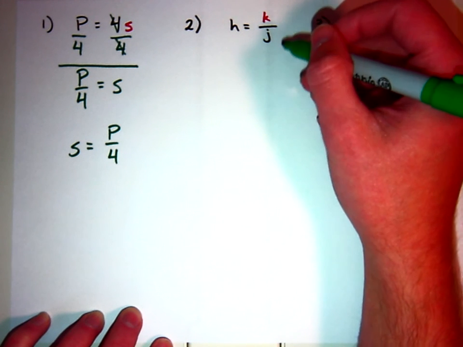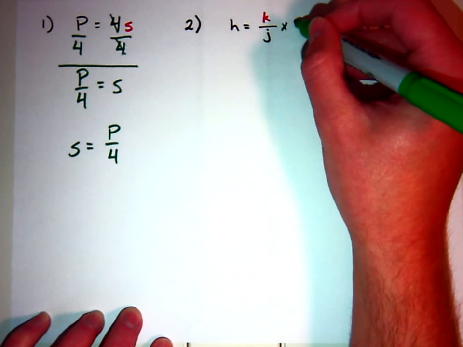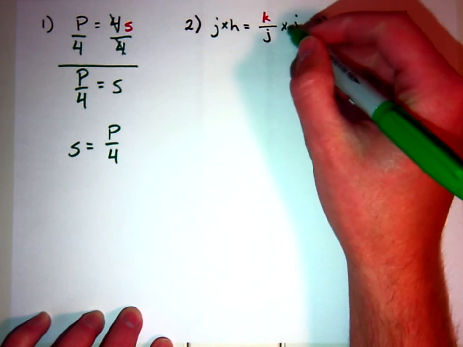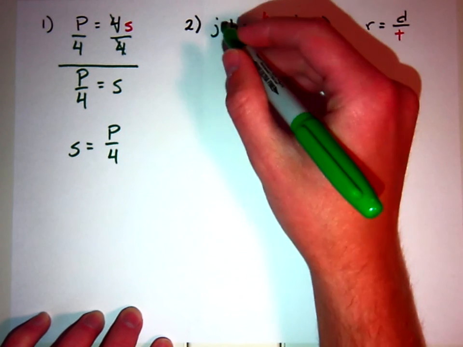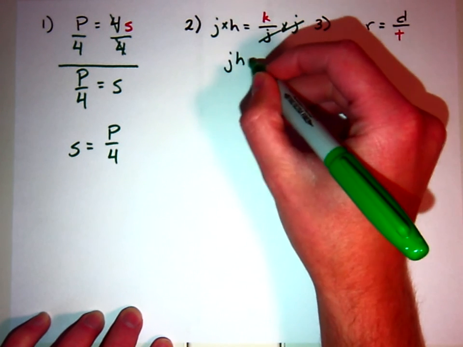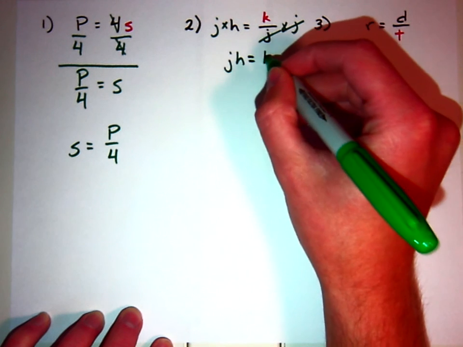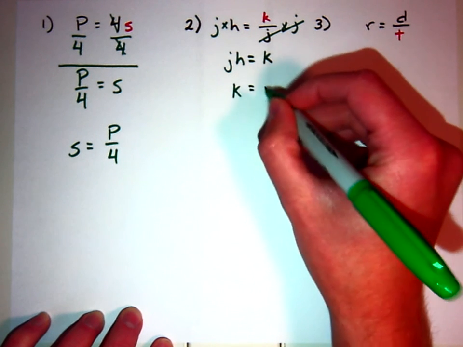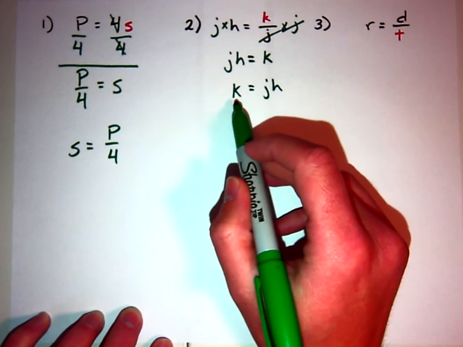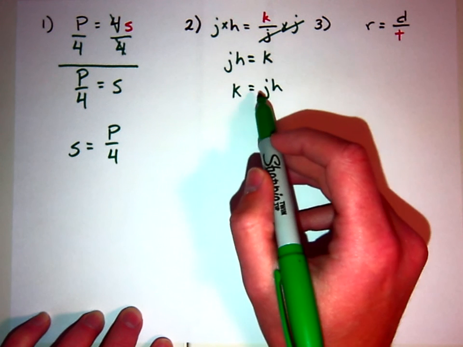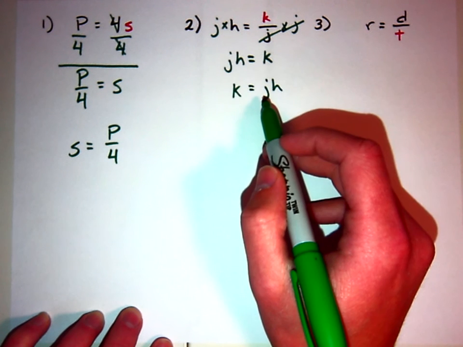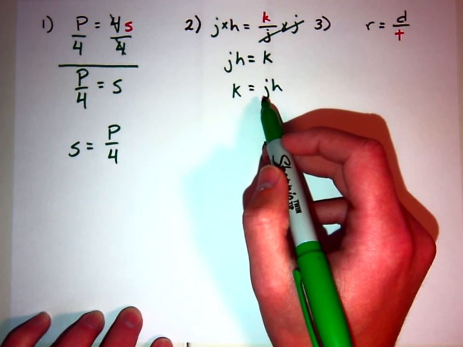The opposite of dividing something by J is multiplying it by J. So these J's cancel out, giving us J times H equals K. And again, if that is true, then we can write it like this if you wanted that red variable first: K equals JH or JH equals K. Both of those formulas have been transformed.